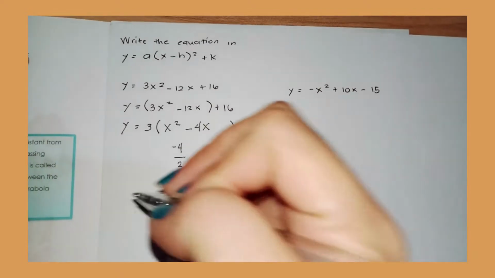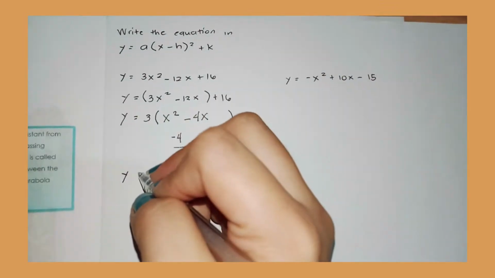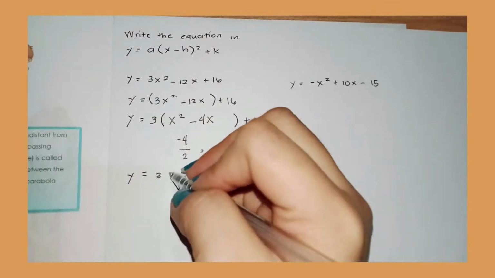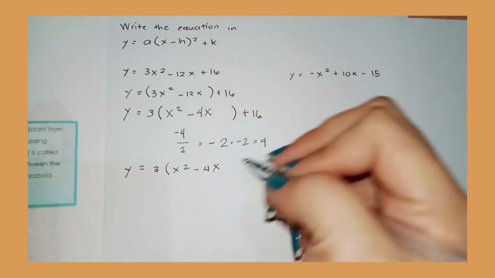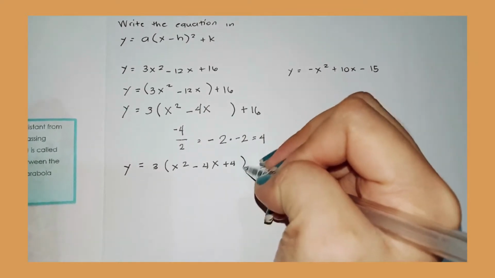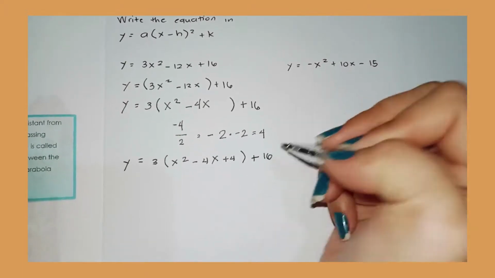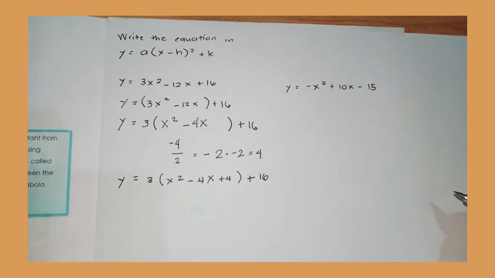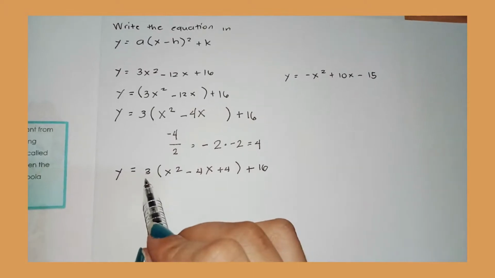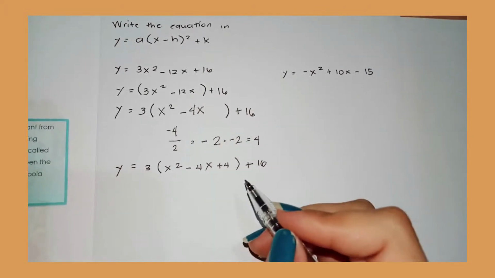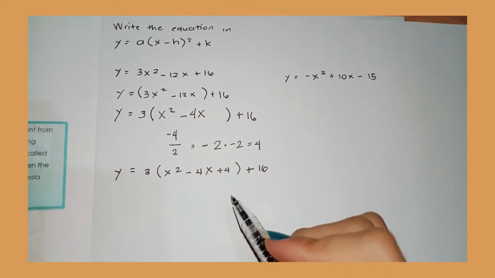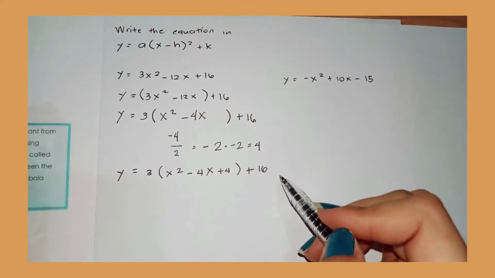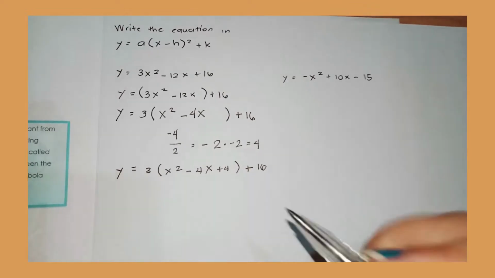Yung gagawin natin, yung 4, i-add natin dun sa blank space. So, magiging y is equal to 3x squared minus 4x plus 4, then plus 16. Next na gagawin, yung 3 tsaka yung 4, pag multiply natin. 3 times 4, that is 12. Yung nakuha sagot, ima-minus natin sa dulo or isa-subtract natin sa dulo.